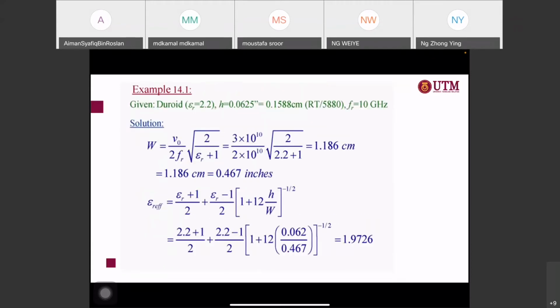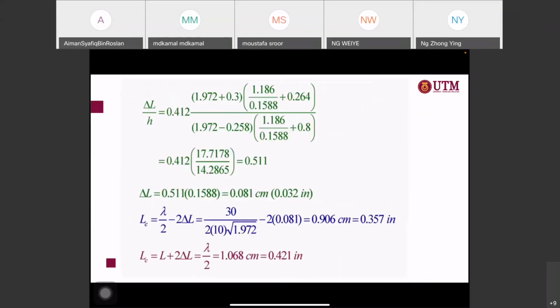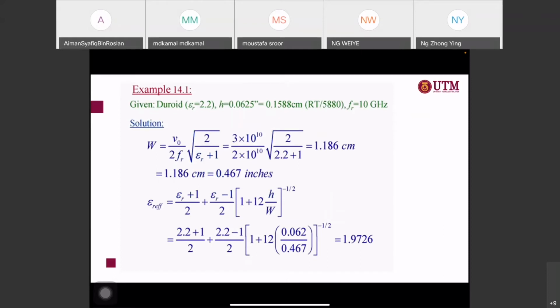Okay, let's say for example, in this example you need to find out what W is by having all these values.